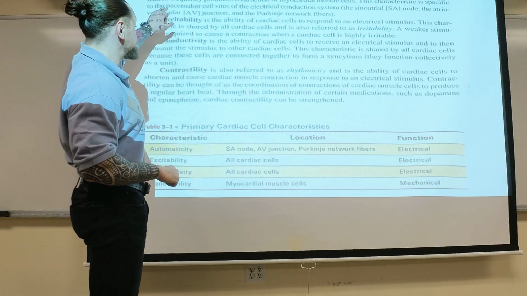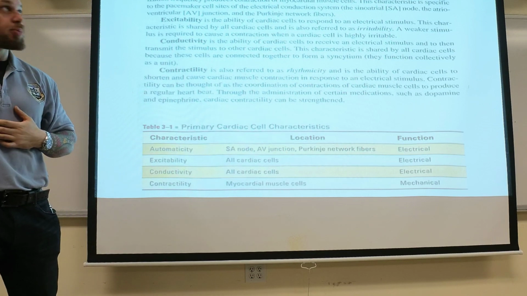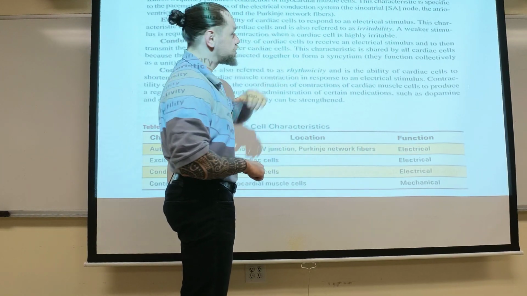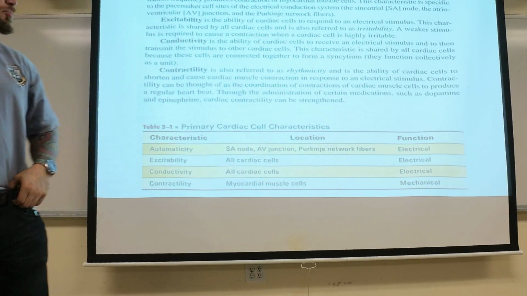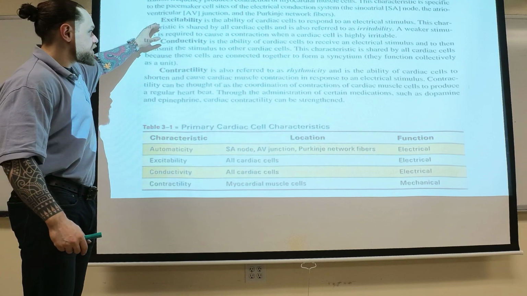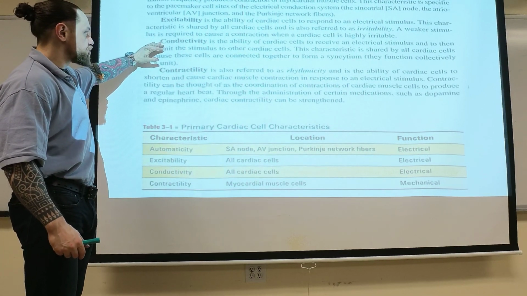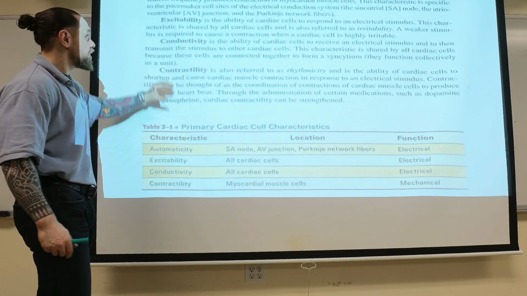So here they say the property of automaticity. What this basically means is they're able to initiate an impulse without external or nervous system stimulation, and that is very, very important. The other properties of the cell: excitability is basically picking up the fastest impulse, conductivity is via gap junctions to move impulse from cell to cell, and contractility is the mechanical aspect of contraction.